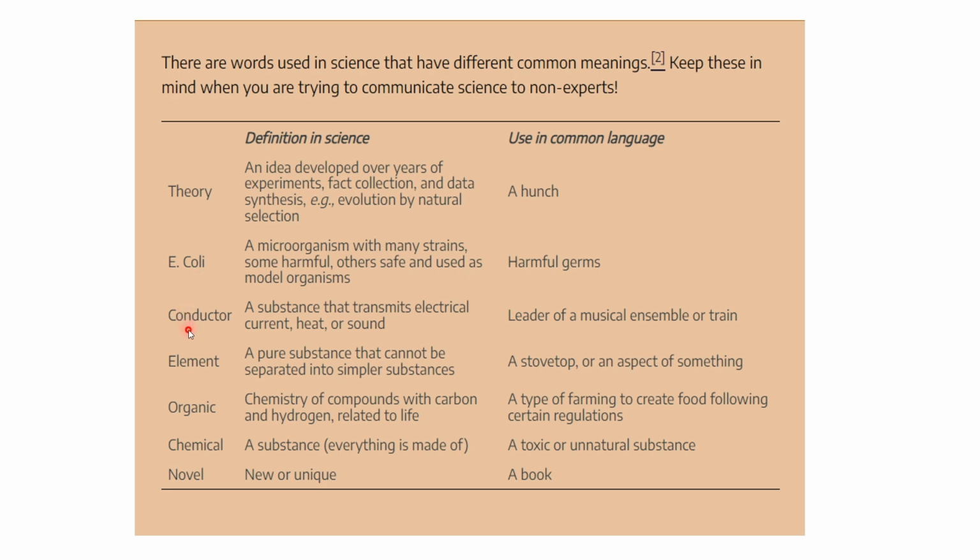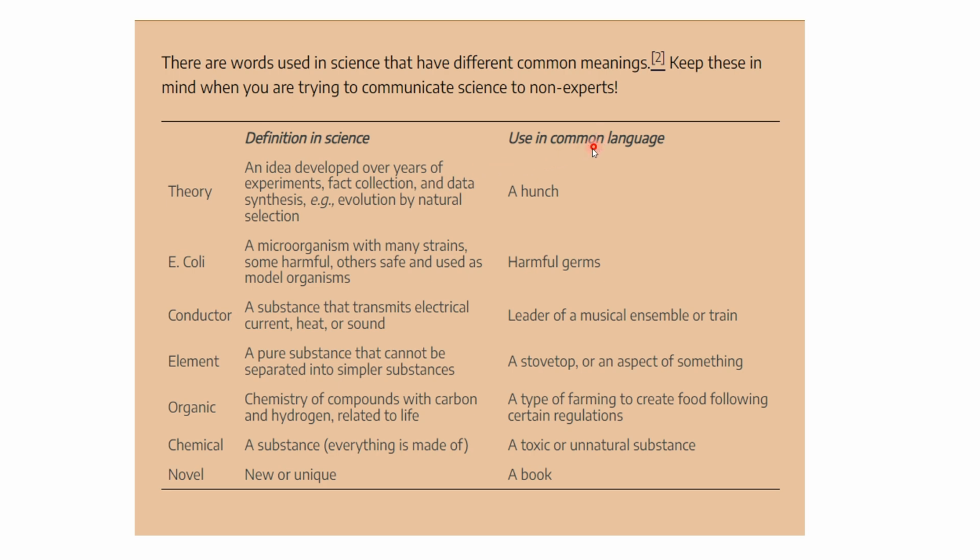If I consider a conductor, in science it is a substance or an element which is going to conduct heat or electricity. But in common language, the person will understand a conductor as someone in charge or a leader present in maybe a bus or a train. When I consider organic, in science we think of organic chemistry, organic compounds, organic carbon.